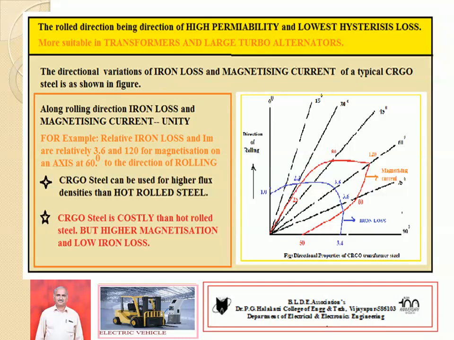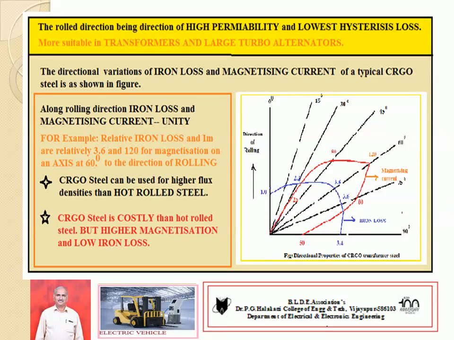Such materials are useful in the design of transformers as well as in turbo alternators. The directional variation of iron loss and magnetizing current of a particular CRGO is shown in the diagram.